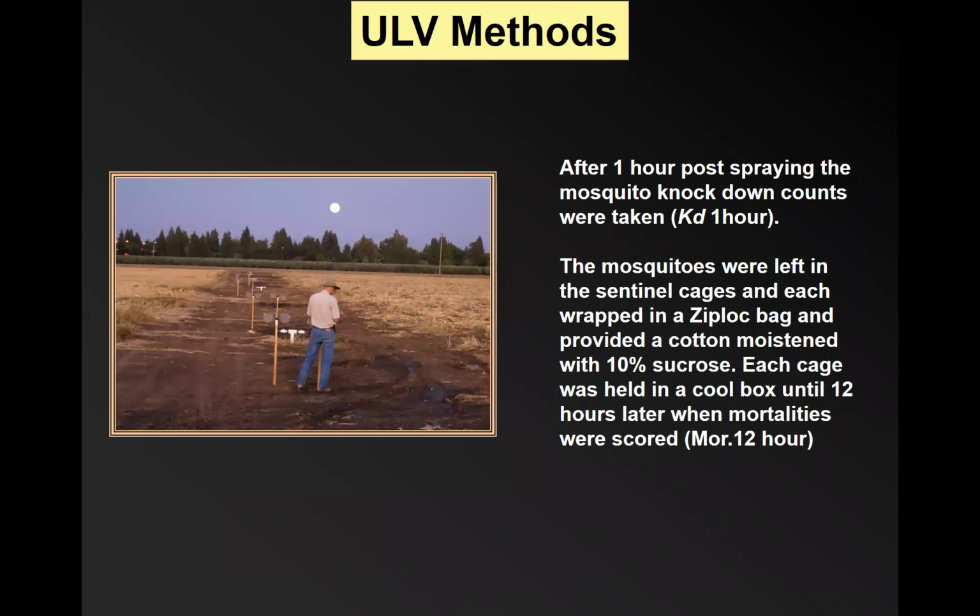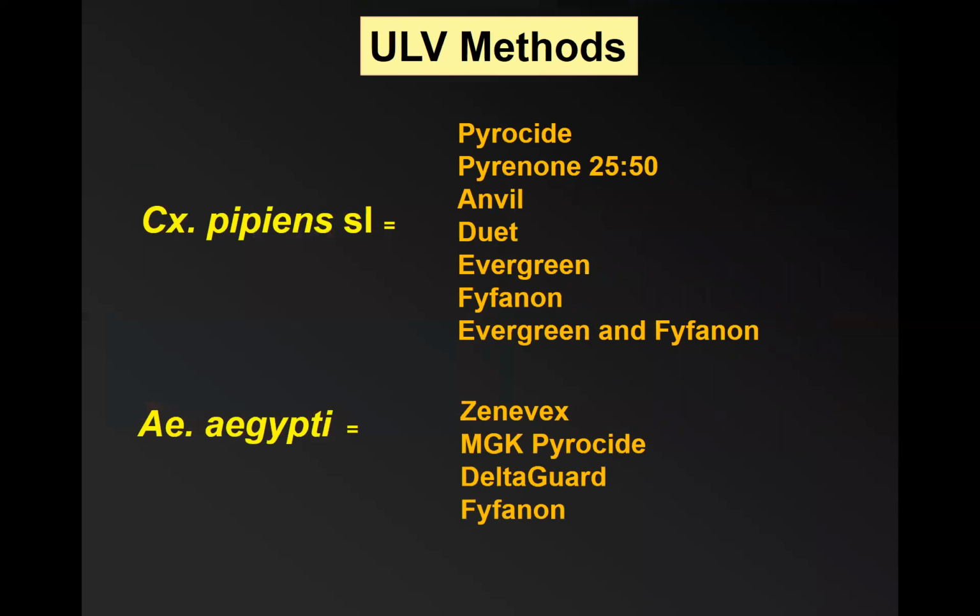So after we've sprayed, we leave the mosquitoes in these sentinel cages for an hour. And then before placing them in the truck to take back, a 1 hour knockdown measurement. Then I place the cage itself into a plastic Ziploc bag, give it a bit of sugar water, and then hold the cage for another 12 hours and take another mortality measurement after 12 hours.